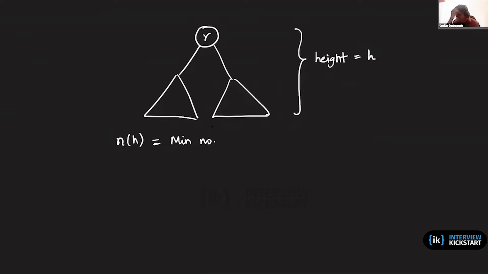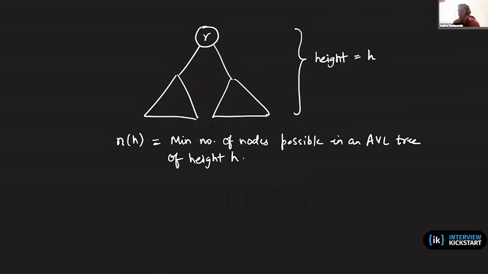If I define n of h as the minimum number of nodes possible in an AVL tree of height h, and I can show that this value is going to grow exponentially with h, that means any other AVL tree of height h is also going to grow exponentially with h, because it might even have more nodes than this smallest number.